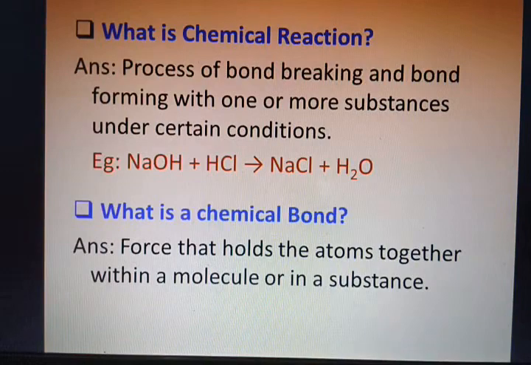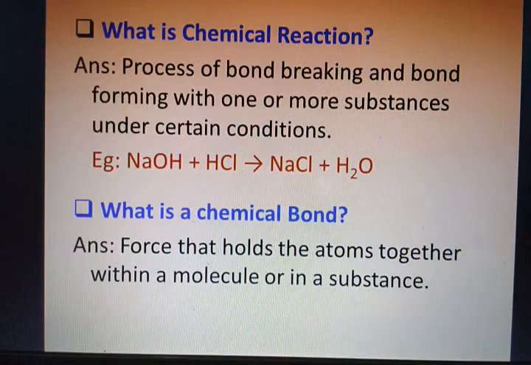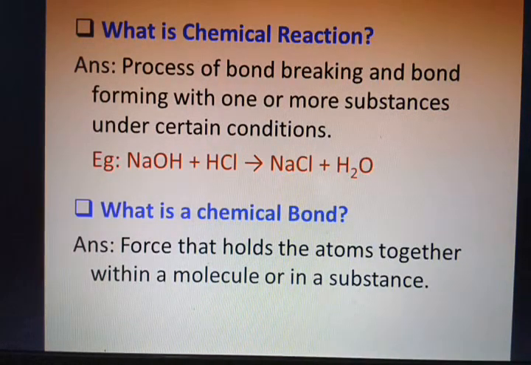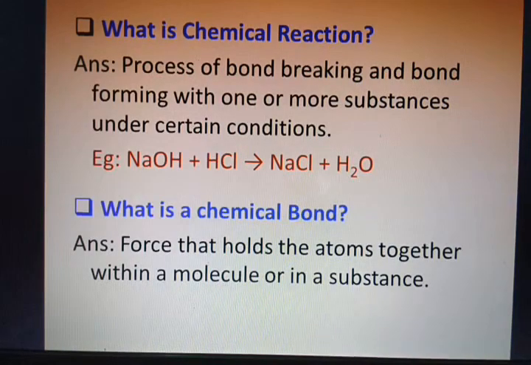Now, coming to another question, related to the chapter itself: chemical change. If you remember from class 8, a chemical change is a change in which new substances are formed.